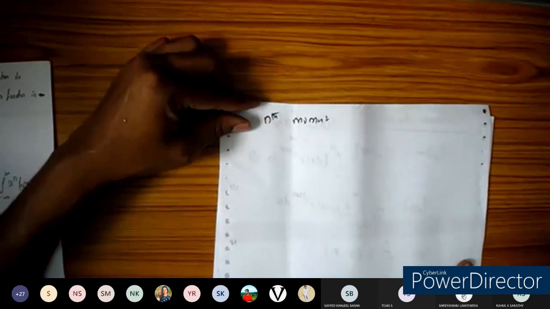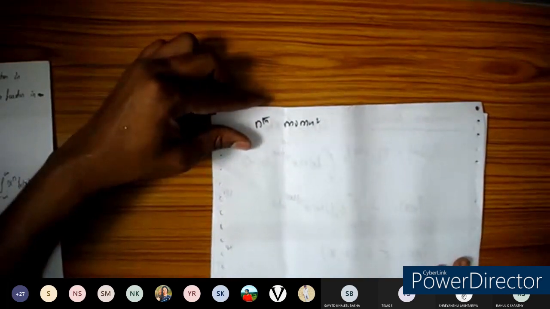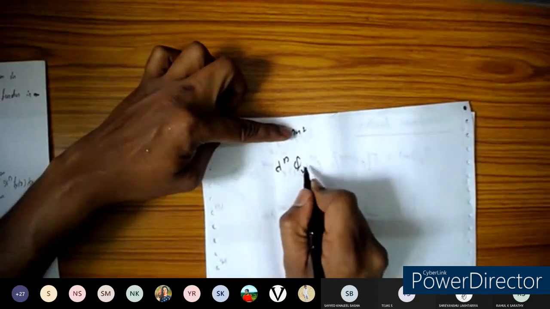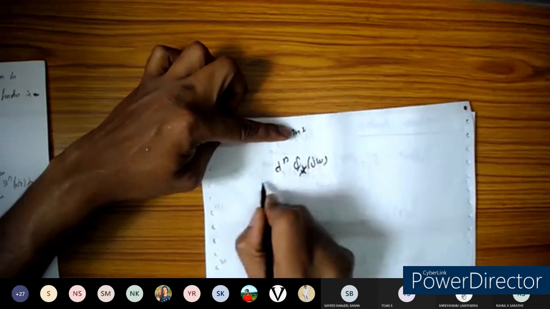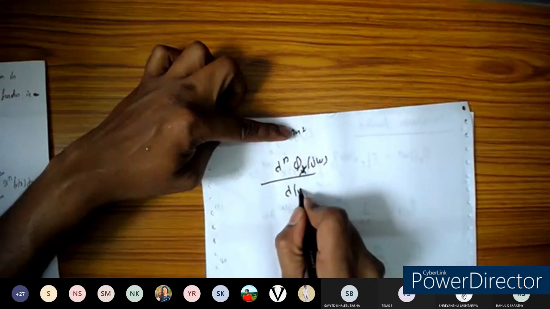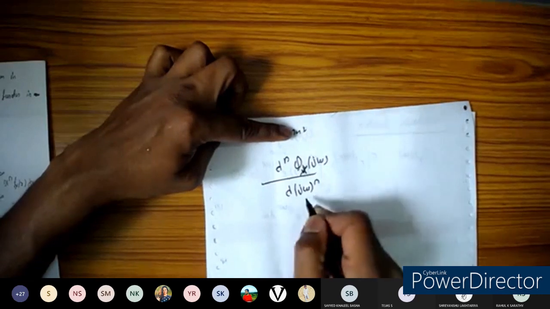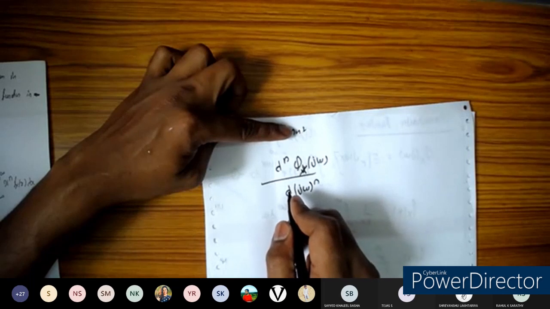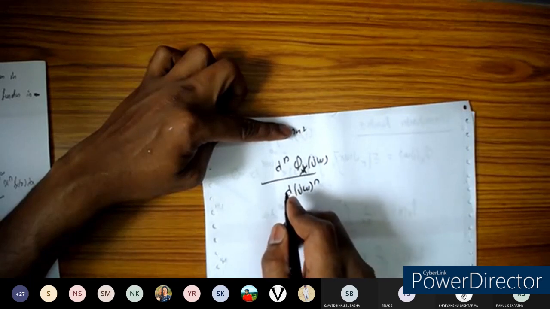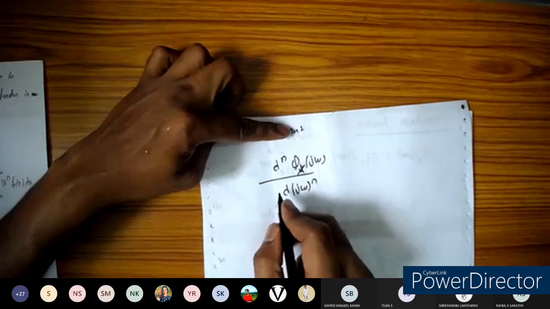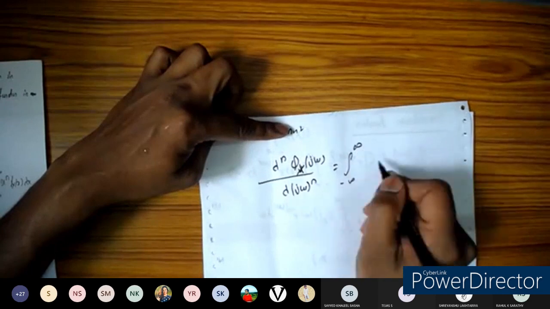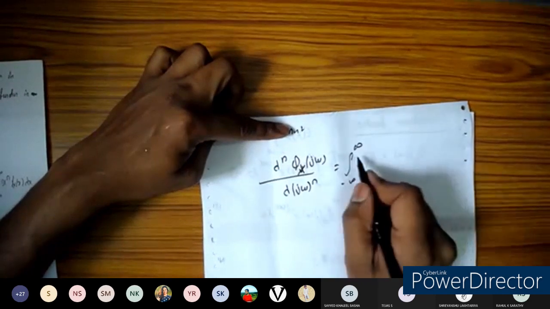The nth moment of the characteristic function is obtained from differentiating phi_X of j omega with respect to omega. If you differentiate the characteristic function with respect to omega, we will get like this.